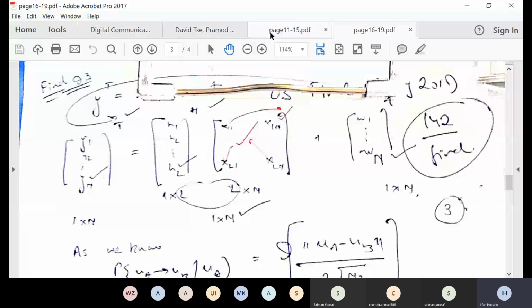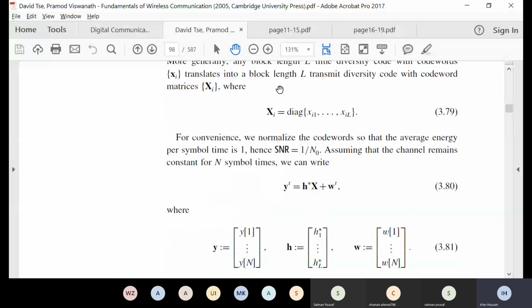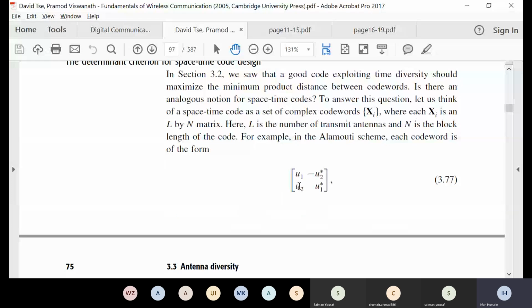If I say U1 is A and U2 is A, then the code word will be A A, minus A A. Now I form another code word: U1 is A, but U2 is minus A. In that way, this will be A minus A, and this will be plus A. You have another code, because you could send 2 bits U1, U2.